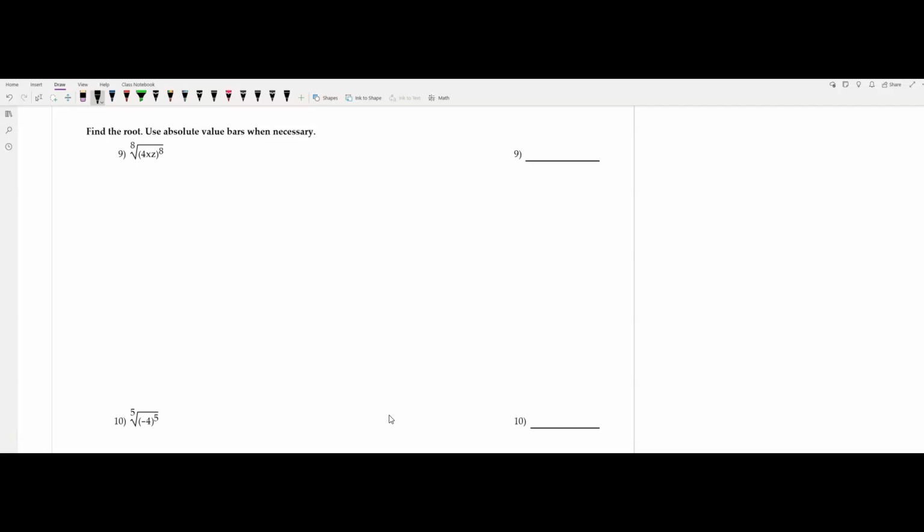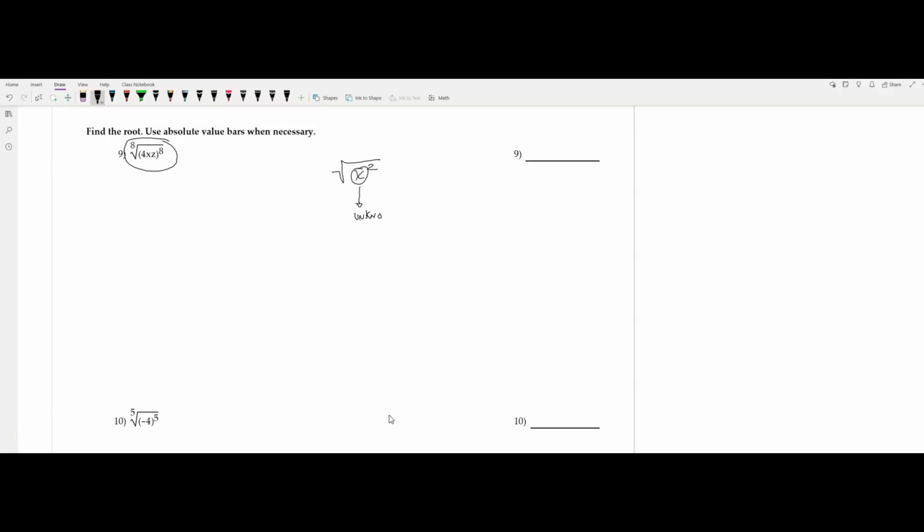So why is it so important here to use absolute value bars? If we say that we're finding the root versus finding the radical, or the principal radical, what it means is that, for example, if I have the square root of x squared, obviously x is unknown, correct?